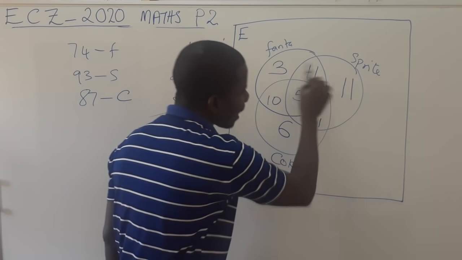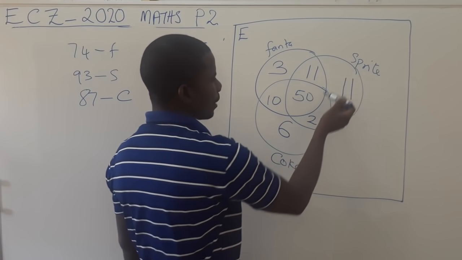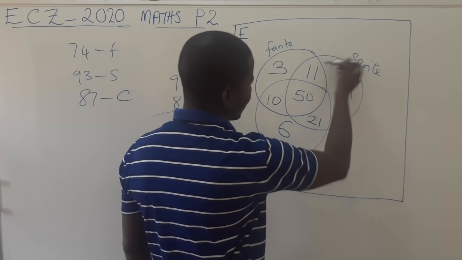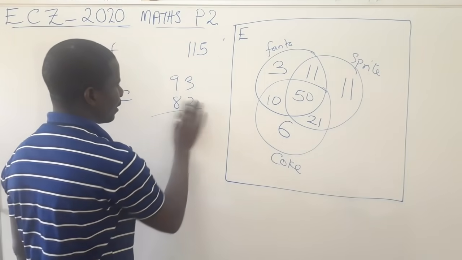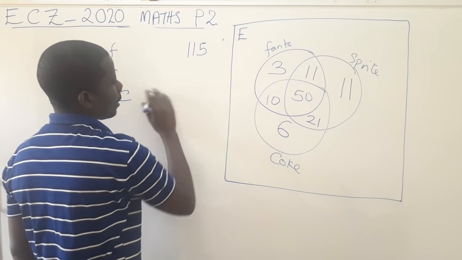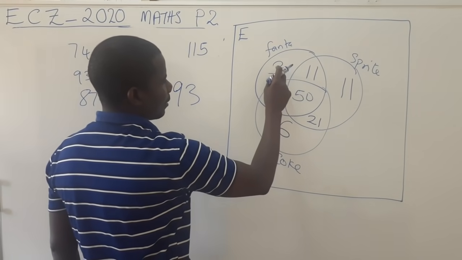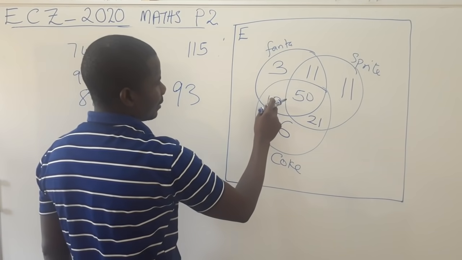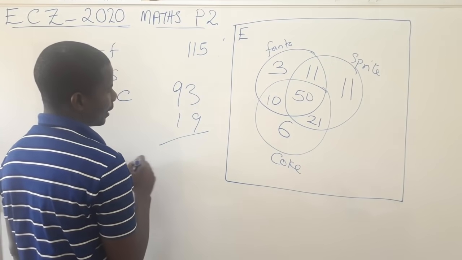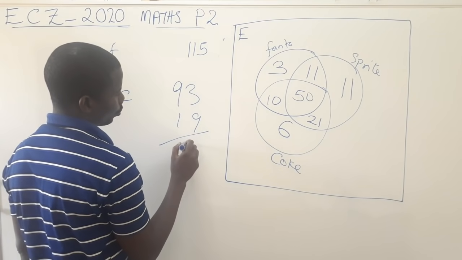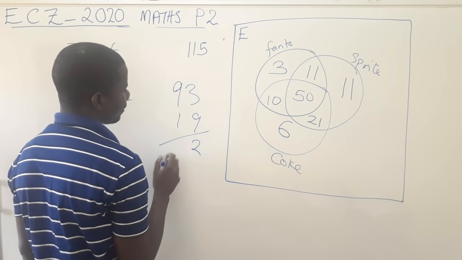Or does this number add up to 115? Remember, we're told that Sprite has got 93, which is everything that is in Sprite. This is the 13 plus this one, 19. When we add this, it's going to give us 12.